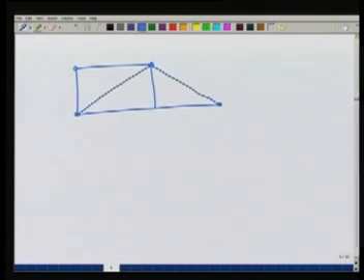Let's say that this is node 1, node 2, node 3, node 4, node 5. I'm solving it with piecewise linear approximation. You could do the same thing with the higher order ones. But here on this boundary, let's say traction conditions are given like this.